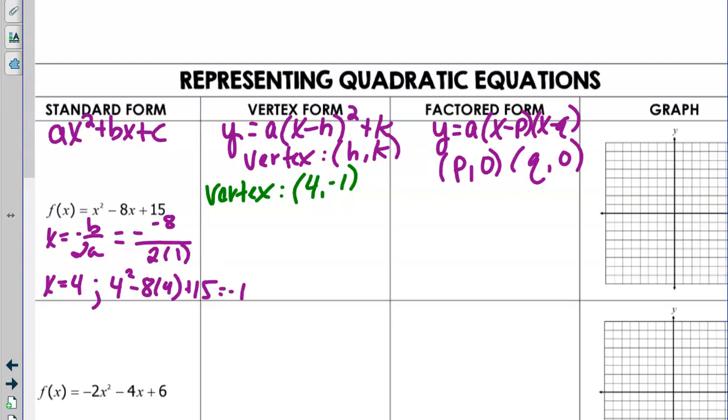How do I factor x squared minus 8x plus 15? You're going to have to divide 15 by 3, because you're dividing your c so that they can add together for b. I use a 3 and 5 to factor it. Yes.